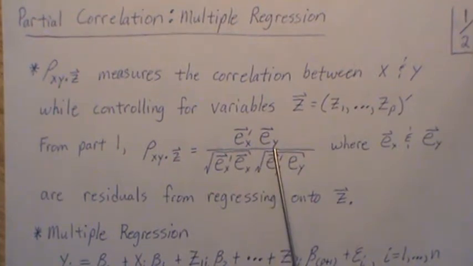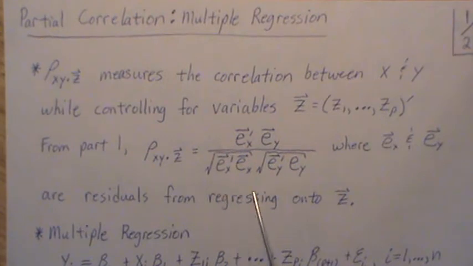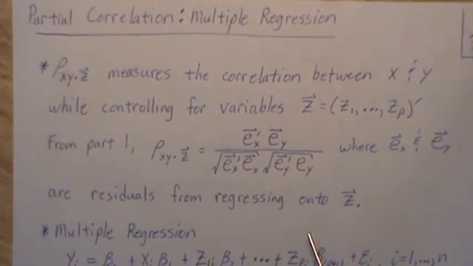We regress y onto z and then take the residual, so that's y minus predicted values for y. That is the information in y with the effects of z removed. And then we find just the zero order correlation for this, but I'm going to pass you off to part one in this partial correlation series for that.